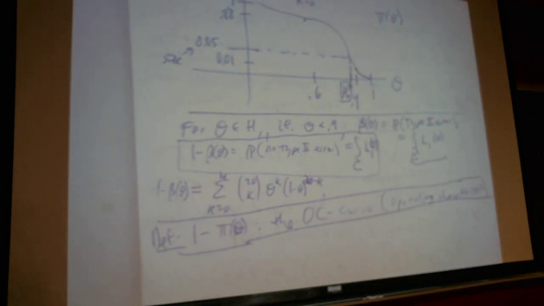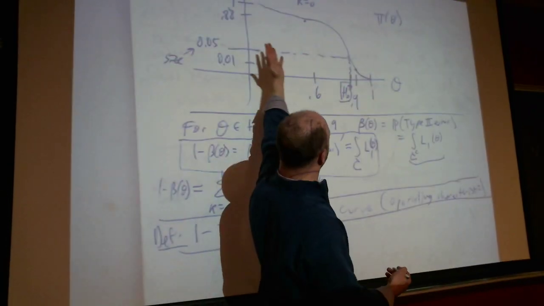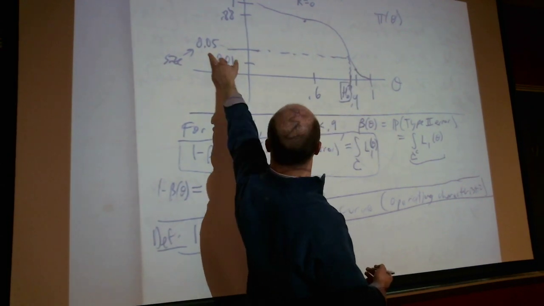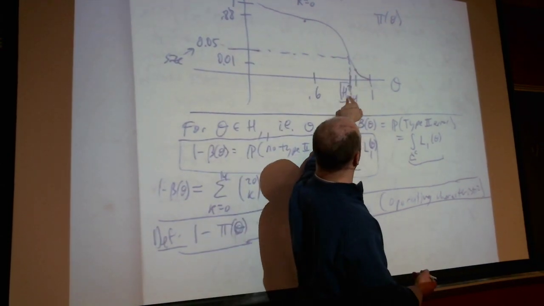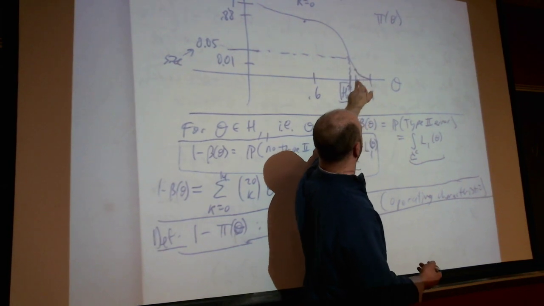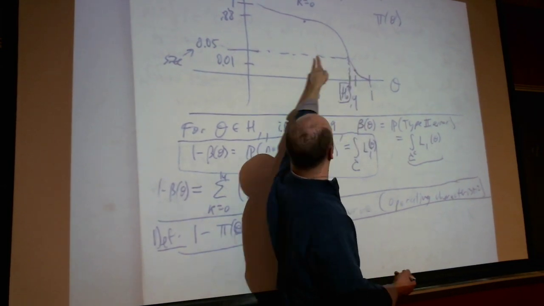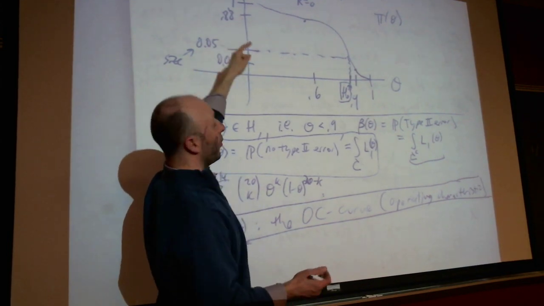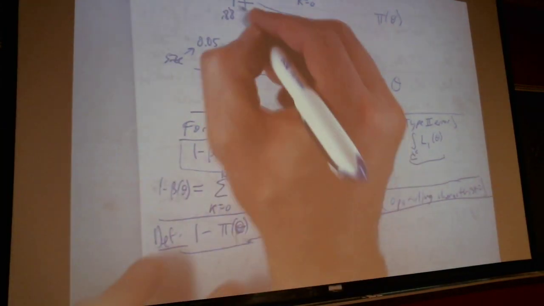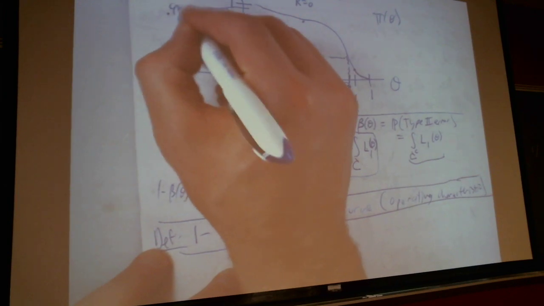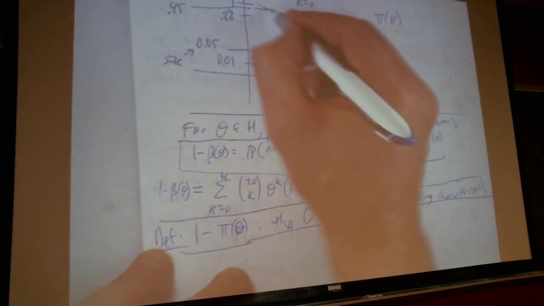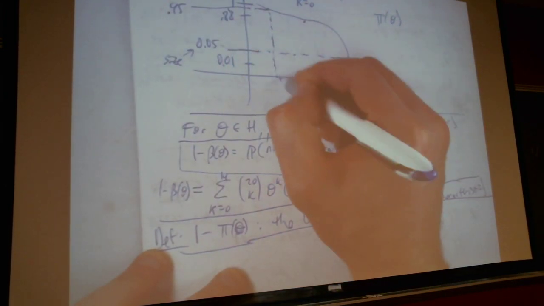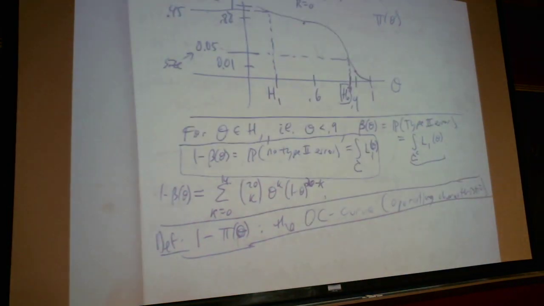Once I write down the power function, I can change the null hypothesis from 0.9 to this, the place where I'll get a 0.05 significance, if that's what I want. And if I want a power of my test to be 95, then this could be my alternative hypothesis.